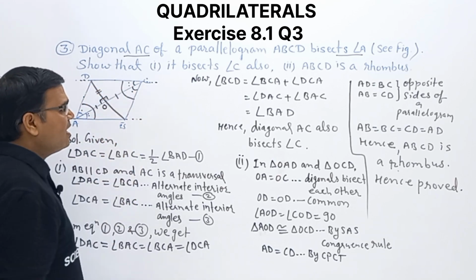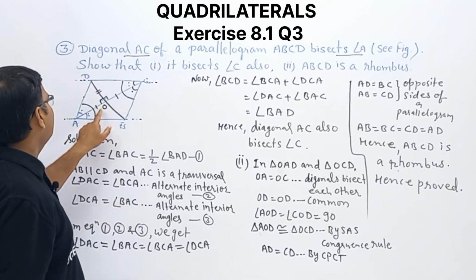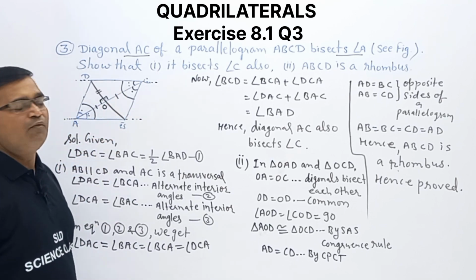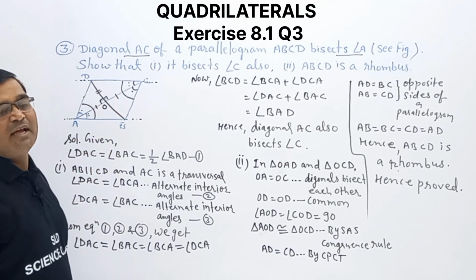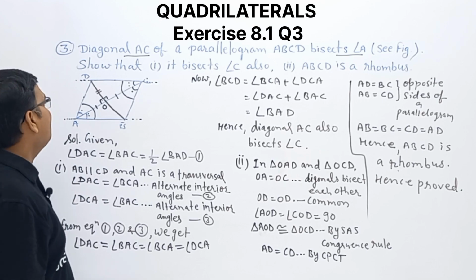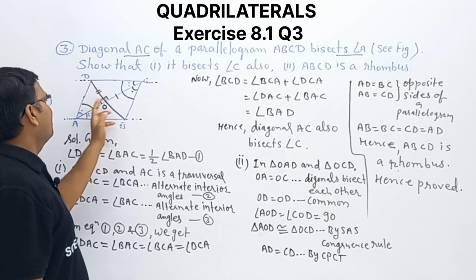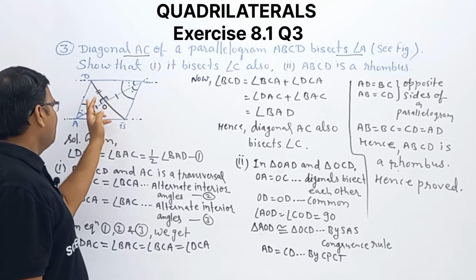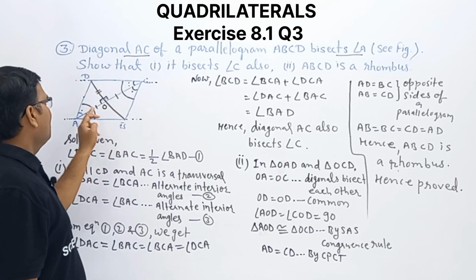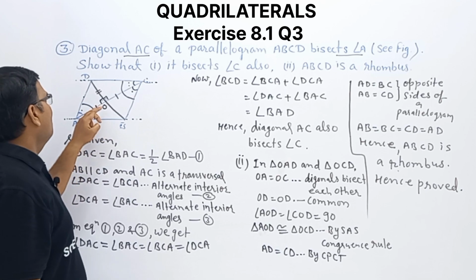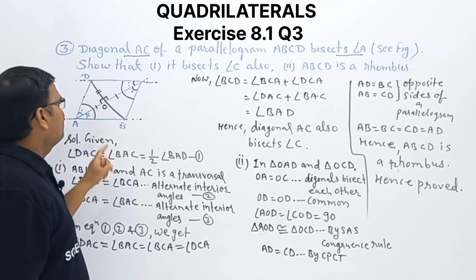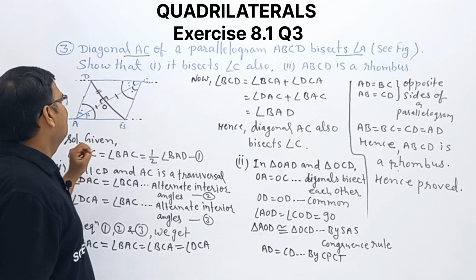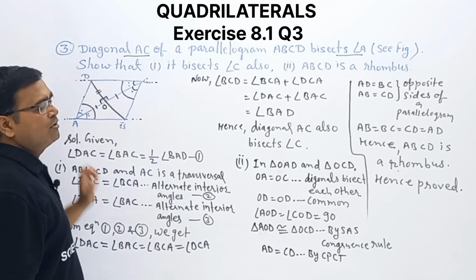In these two triangles, OA equal to OC. Why? Because diagonals bisect each other, dividing in equal parts. OA equal to OC, OD equal to OB, and OD is common in both.